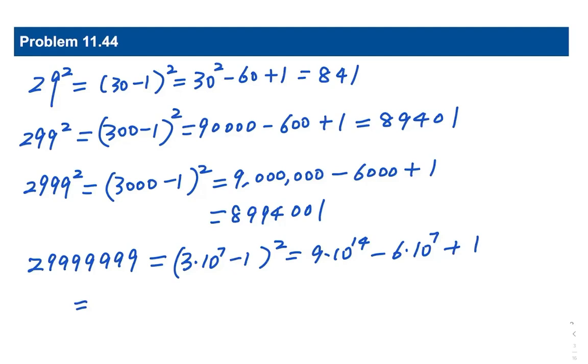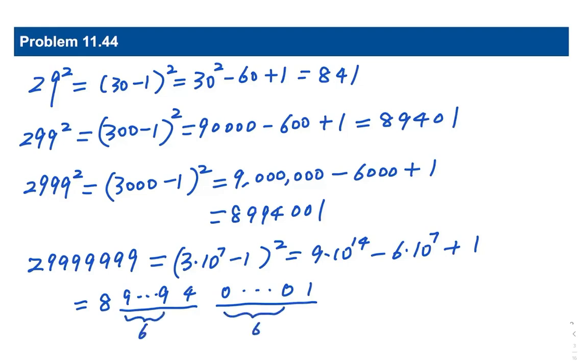So we will have 8, then 7 digits, another 7 digits. This will be 1, this will be 60, then we have 4 and 6, 9. The sum of digits is going to be 8 plus 1 is 9, so 9 times 7 plus 4, which is 67.